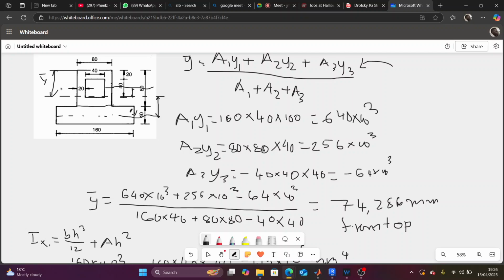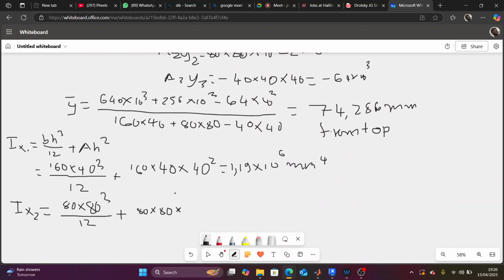Y bar minus 40, and then we'll remain with 20. We'll remain with this one here. Do you see it now? So what are we getting here? y bar is 74,286 minus 40, everything squared. What's the answer?